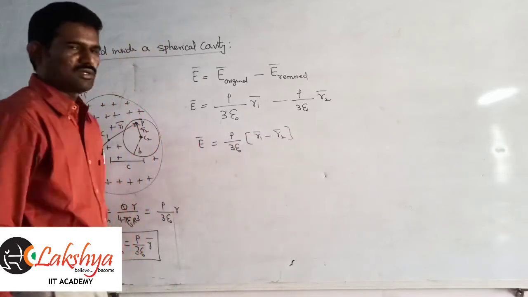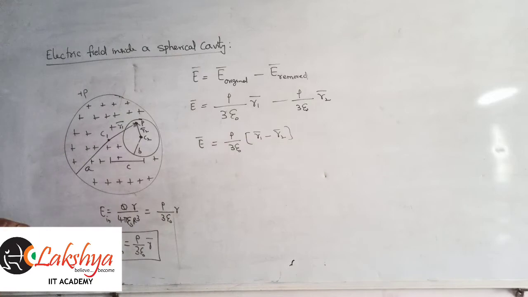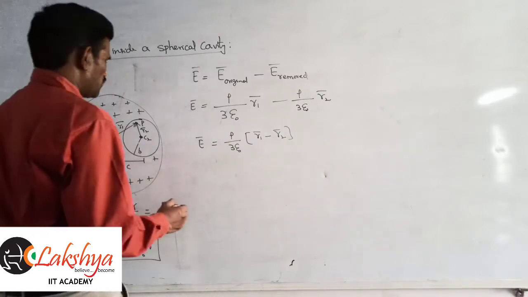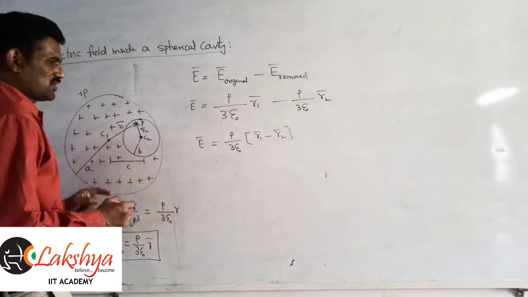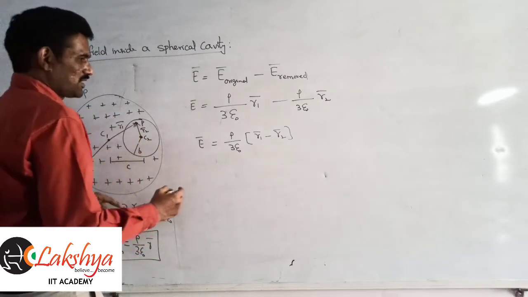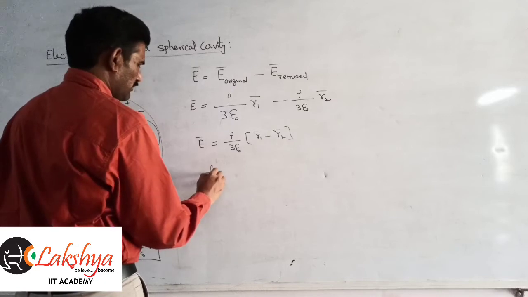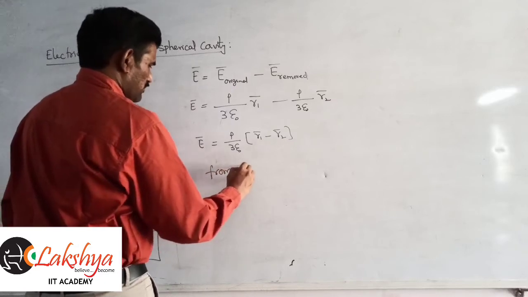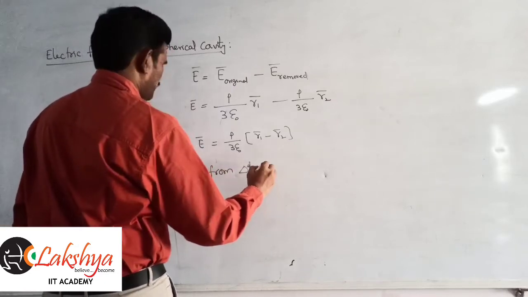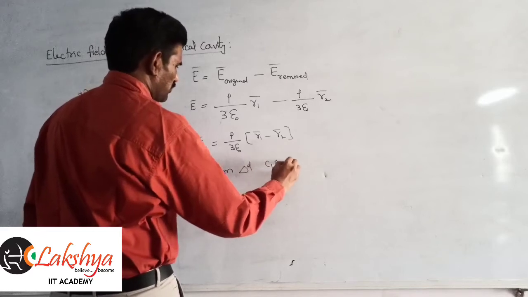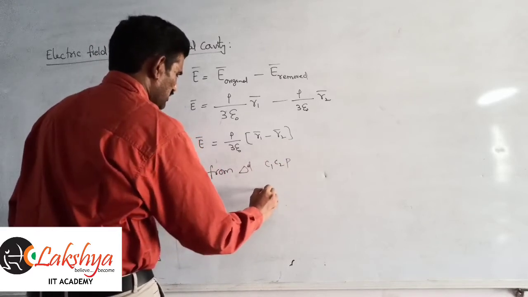Now we need to write the value of R1 bar minus R2 bar. It can be obtained by using the triangle C1 C2 P. If the triangle is considered, that means I will draw this diagram here.